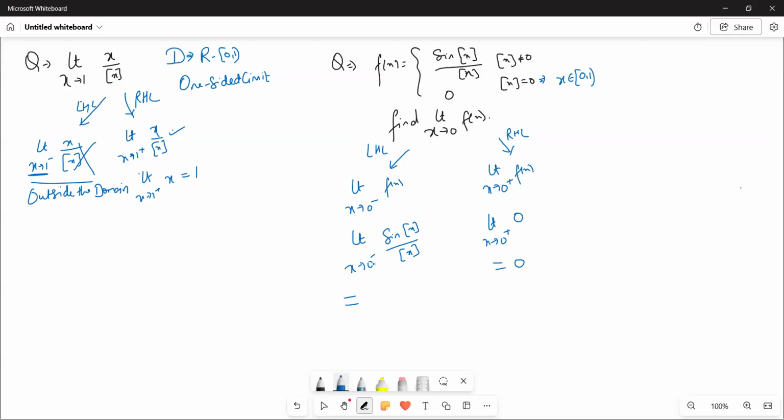If x is slightly less than 0, then what will be the value of box x? It will become -1, right? So this will end up becoming sine of -1 divided by -1, which is sine 1. So the left-hand limit is sine 1, right-hand limit is 0. So the limit does not exist. DNE is the answer.